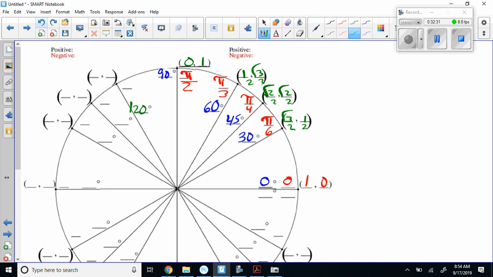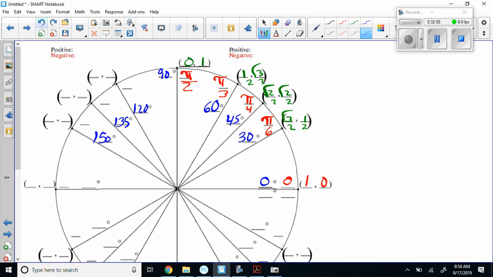What would be 90 plus 45? How much? 135. What would this be? Y'all agree with that?